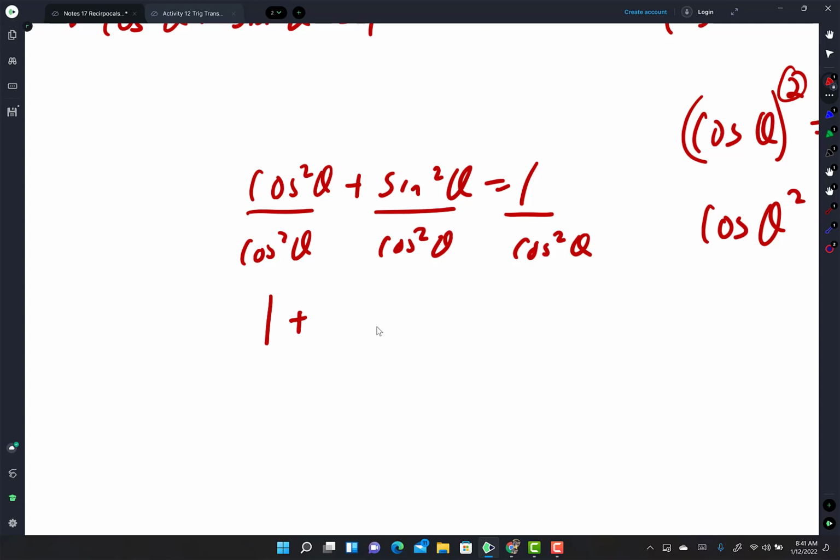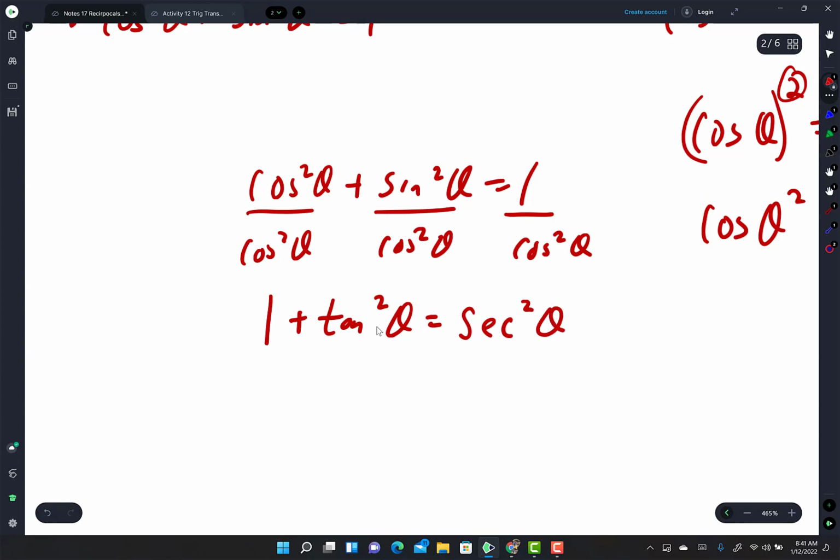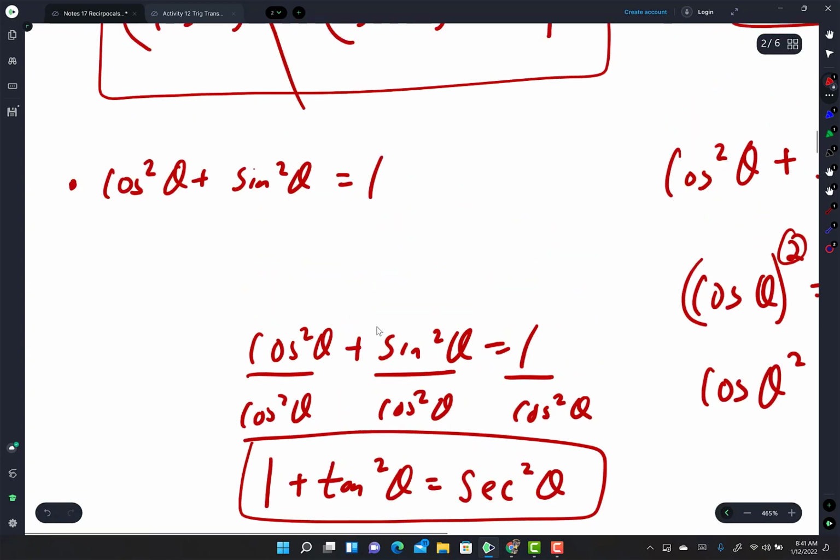Tan, but there's a square on it, so I got to write tan squared. And then what's 1 over cosine? Starts with an S. No, not sine. Secant, but there's a square on it, so I got to write squared. This is your second property. So I'll put this as your second bullet and write 1 plus tan squared equals secant squared.